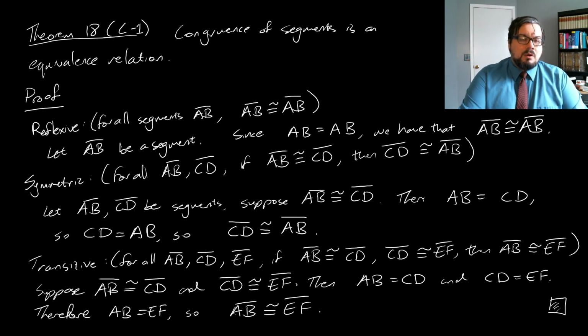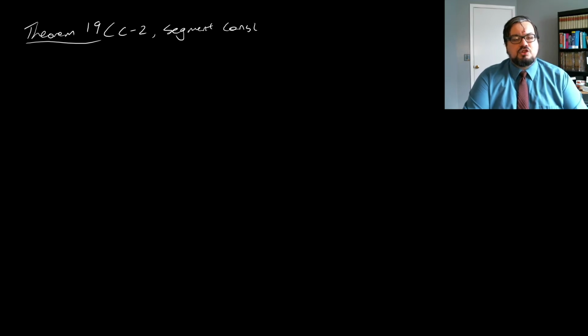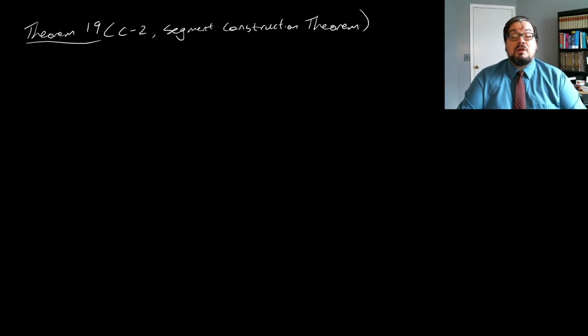The most important theorem that we have from this section is Theorem 19. We can call it C2, or more commonly we'll refer to it as the segment construction theorem. And this theorem we are going to use all the time. We're going to use this very, very often as we move forward in the course.